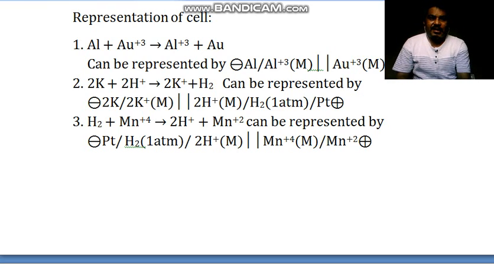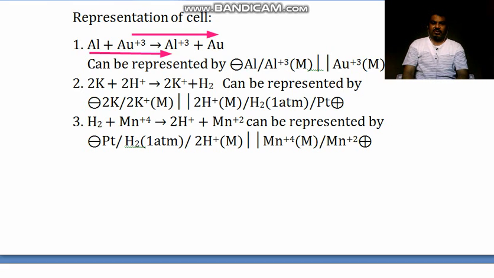See here, we are provided one equation. In this equation, aluminium is going to convert into aluminium 3+ and gold 3+ is converted to gold. So you can see that one is oxidized and one is reduced.